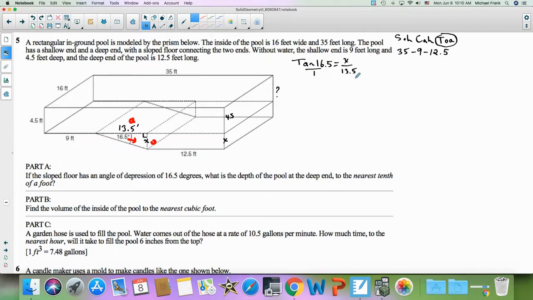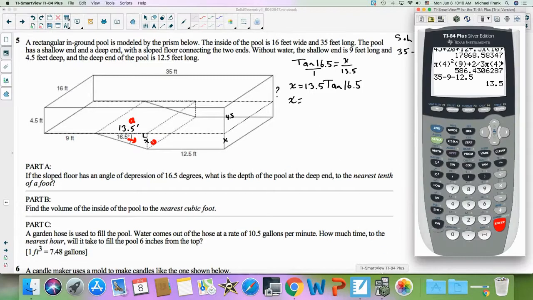I'm going to cross multiply that, and I'm going to get my X is equal to 13.5 tan 16.5. It's said to the nearest, what, nearest tenth of a foot. So I'm going to take out my calculator.